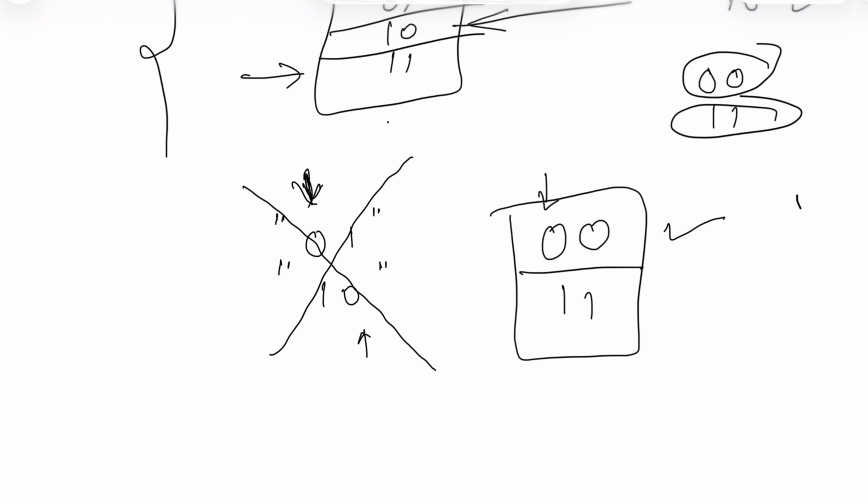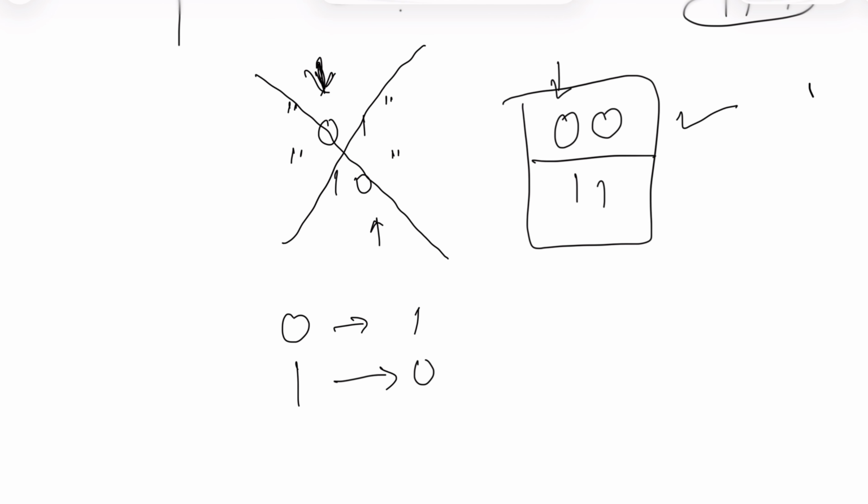Okay, so now flip each string. Let's suppose we got the 0 and the 1, it will become 1 and 0 like this. So if you want to construct the new string, what will happen? You will get 1 0. If you flip it, you will get 1.